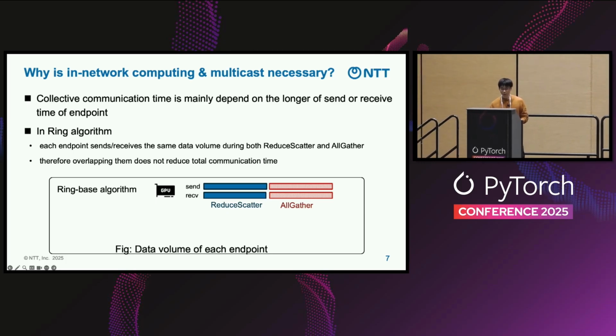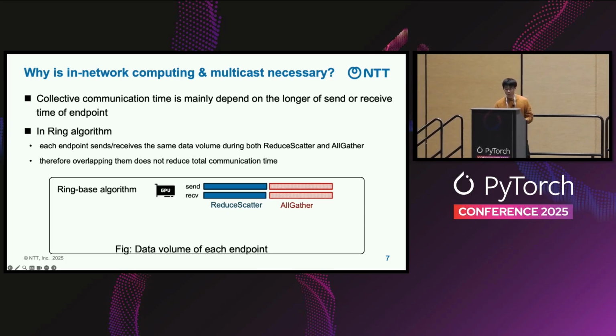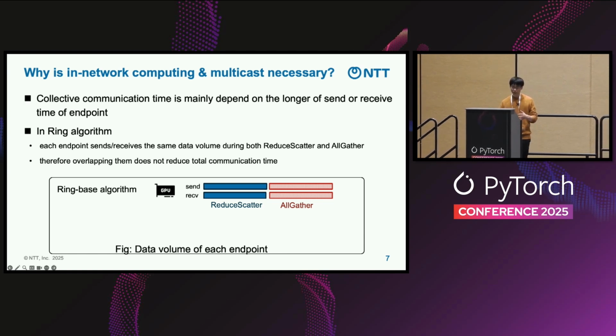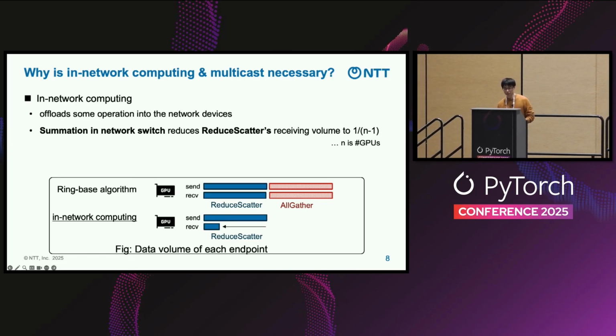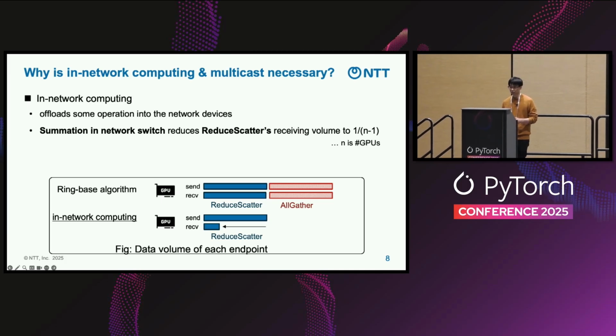Therefore, if we overlap them, it does not reduce the total communication time because the total send data volume and receive data volume are not changed. But by using in-network computing, we can reduce the receiving data volume of ReduceScatter.